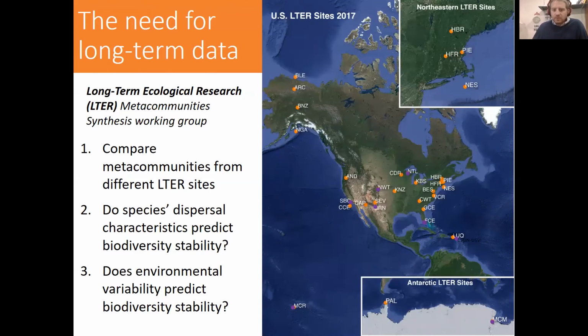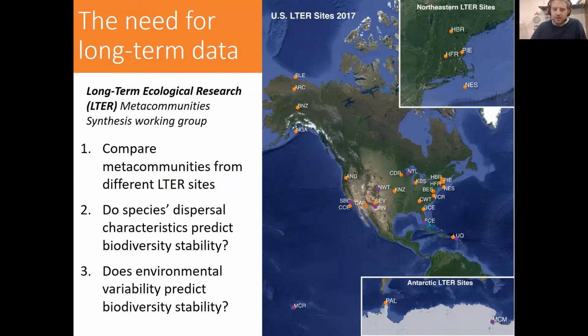And does environmental variability predict biodiversity stability? This is actually something that at the end of my talk, I'd be interested in hearing ideas from folks about, because we've been trying to come up with a good way to characterize environmental variation across our data sets as a potential underlying covariate or explanatory variable that would explain meta-community stability.